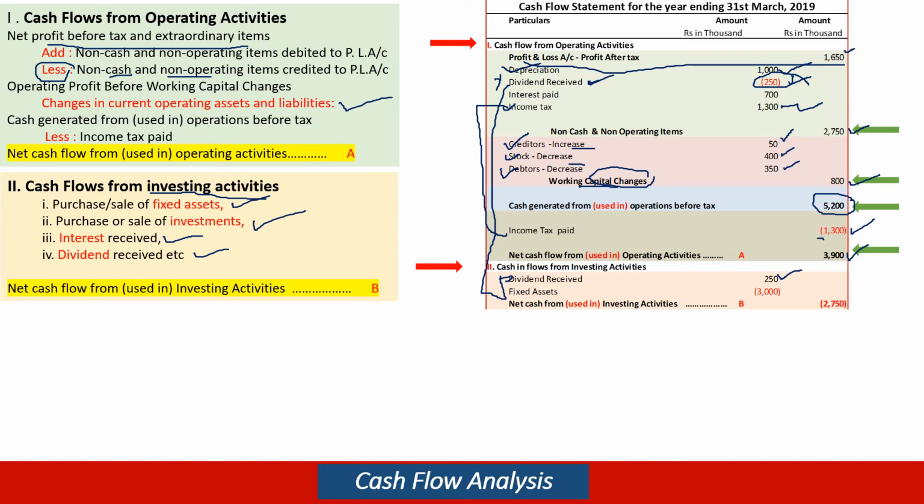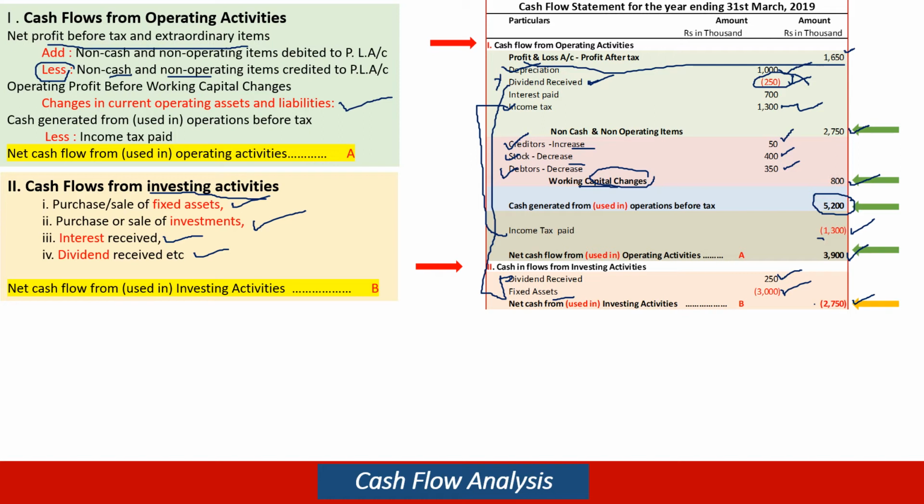And if we purchase some fixed assets, it is not coming under operations because here we talk of only working capital. If you buy fixed assets, you are paying out some money, then it will come here. And total of these is net cash from or used in. Since it is negative, it is net cash used in investing activities 2750. This is just an example.